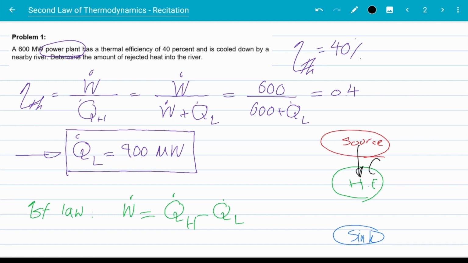This will be QH. This will be QL. And this will be W net. Okay, so knowing these, we can use the definition of thermal efficiency, plug in some numbers, and find the final answer.